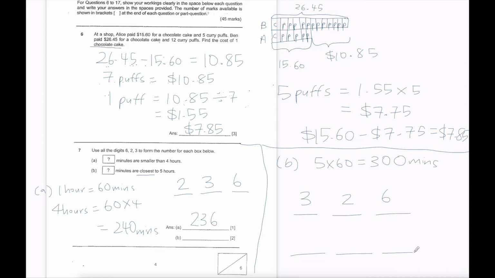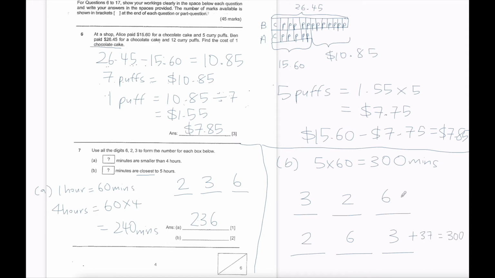Another combination that some of you might come up with is maybe 263. But 263 is not as close to 300 as 326. From 263, you need to add how much to become 300? You need to add 37 to become 300.